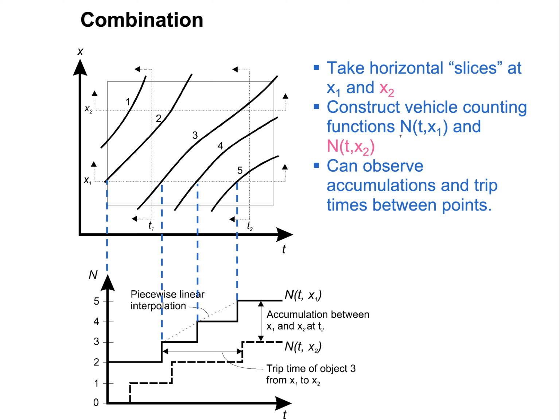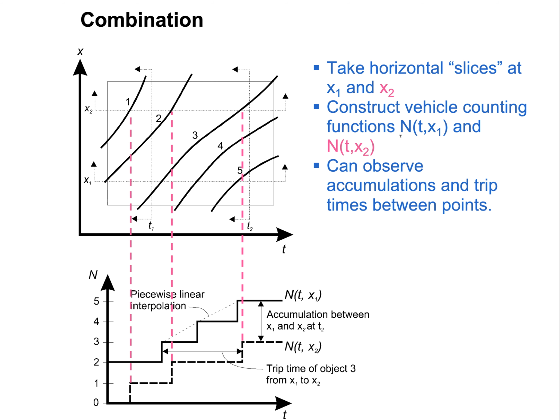So you can see, translating down for location x1, you have the n of t and x1 curve with the blue dashed lines for vehicles number 2, 3, 4, and 5. And now we can do the same thing for location x2, which is for the dashed step function, where you have the arrival times of vehicles number 1, 2, 3, and 4.